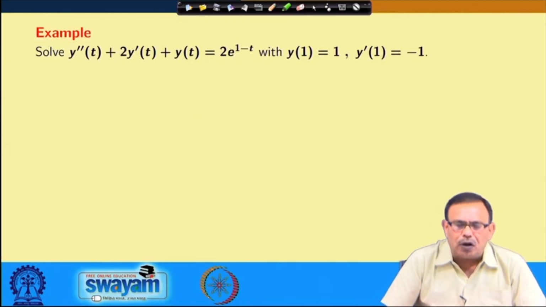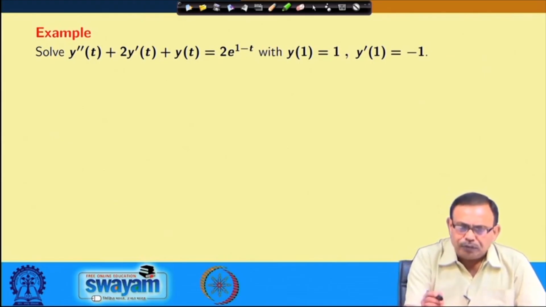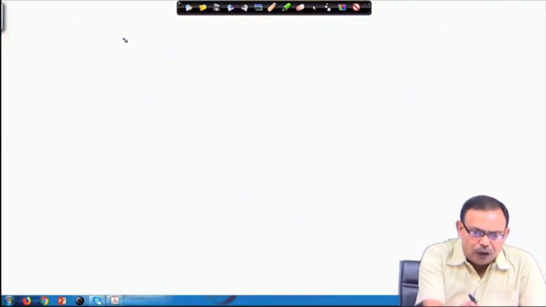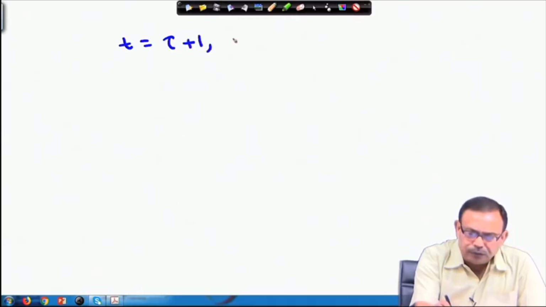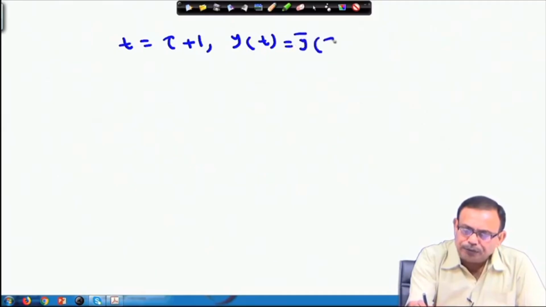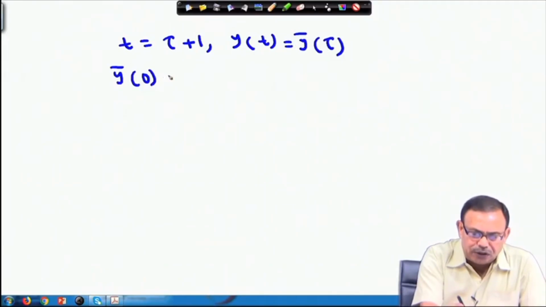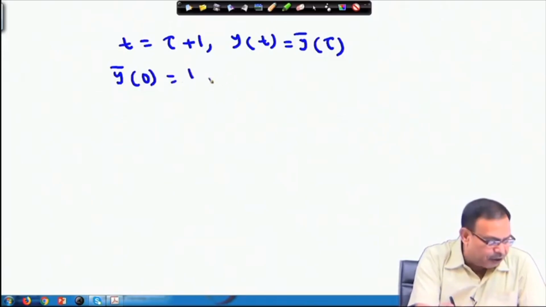Let us see another similar type of problem. Here also the condition is provided at t equals 1, so I have to make the substitution. I am substituting t equals again tau plus 1 and y t equals y bar tau, so that the conditions on y bar are changed at tau equals 0.